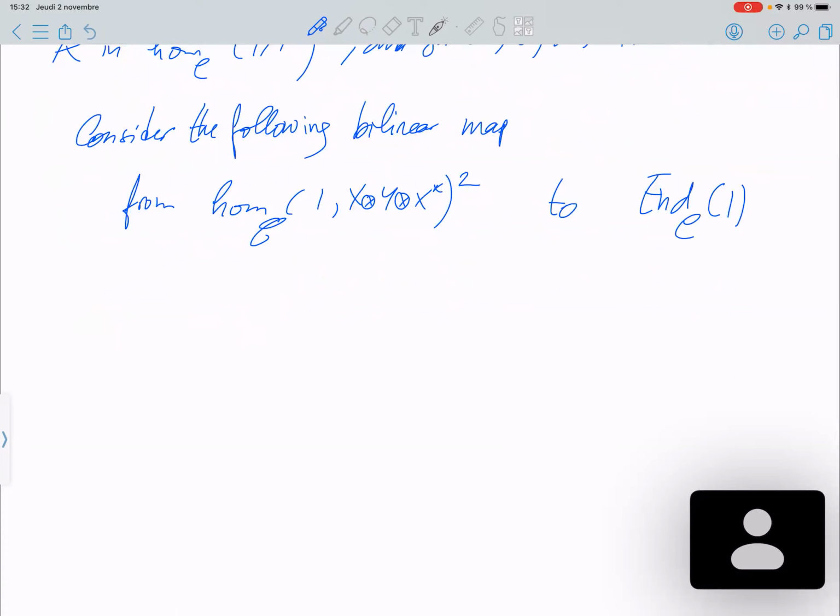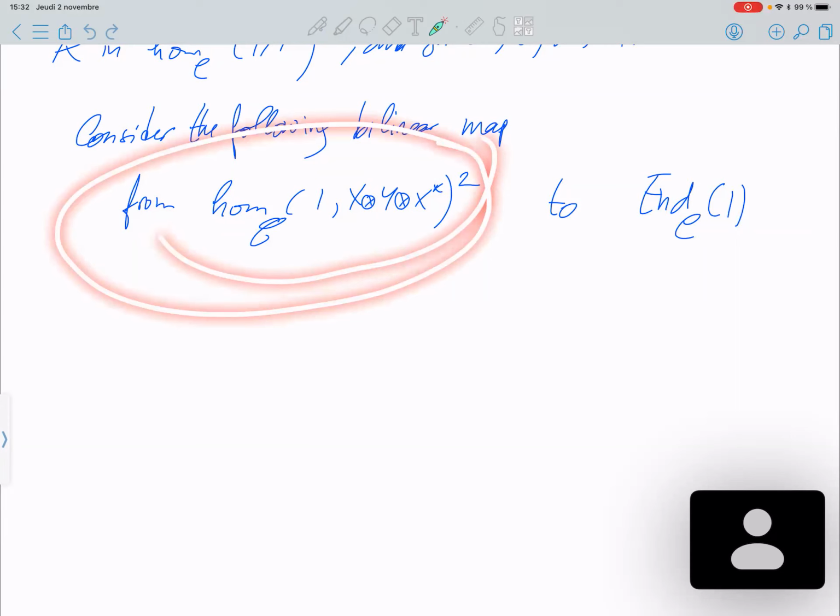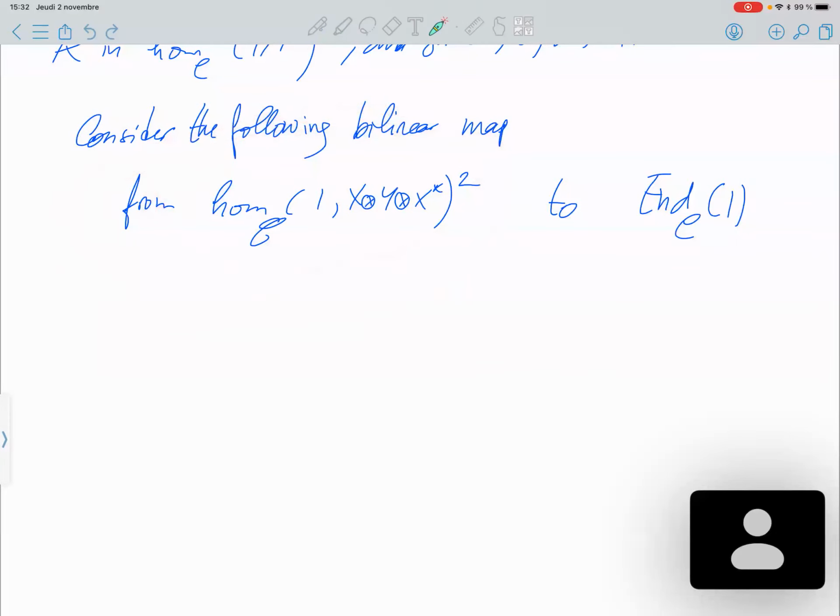You need to take two morphisms here, and then you get here this bilinear map omega, omega alpha beta, as follows.